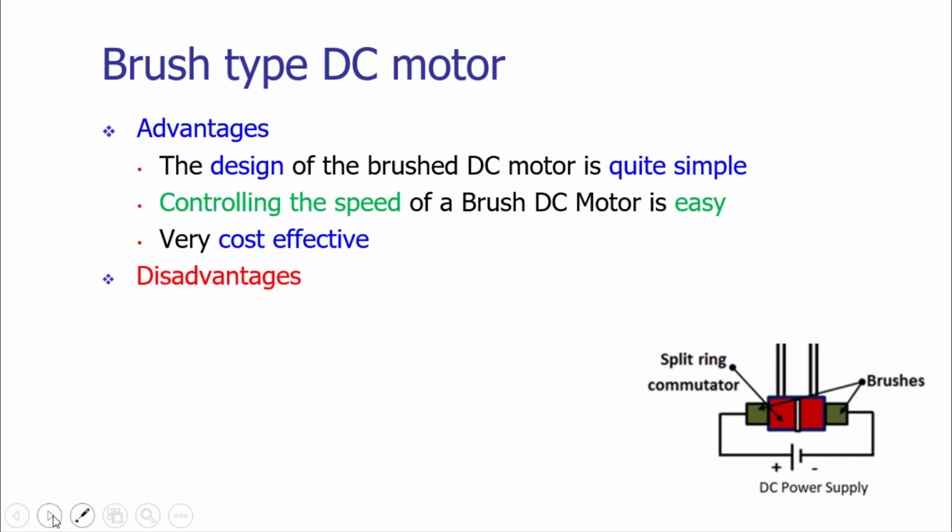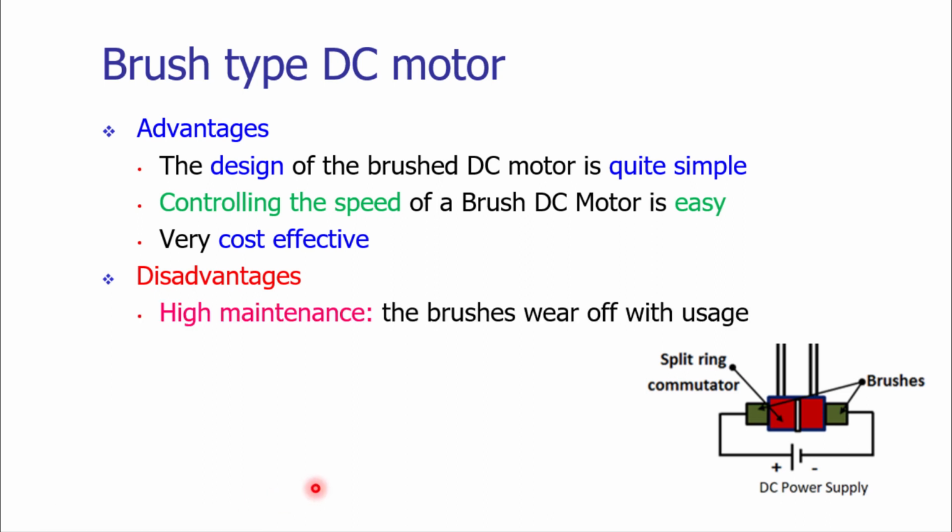However, there are certain limitations, and those limitations are fundamentally related to its maintenance. As we have noticed, there is a split ring commutator which is in contact with the brushes. Through the contact of the brushes with the split ring, we are applying the electricity to the armature coil.